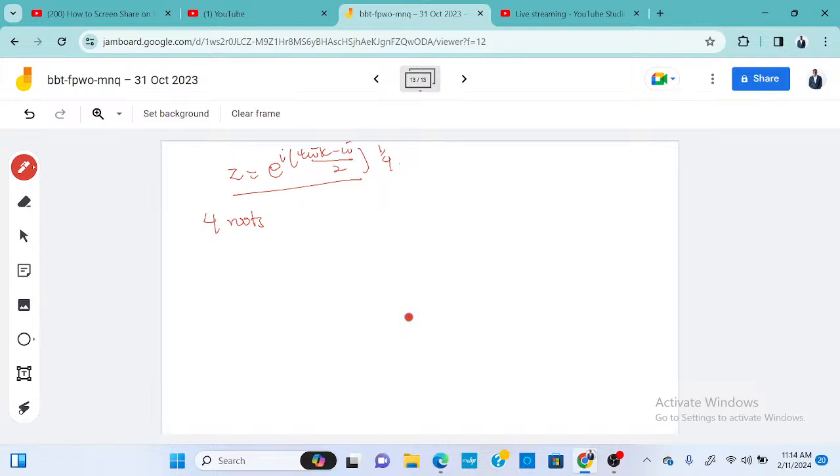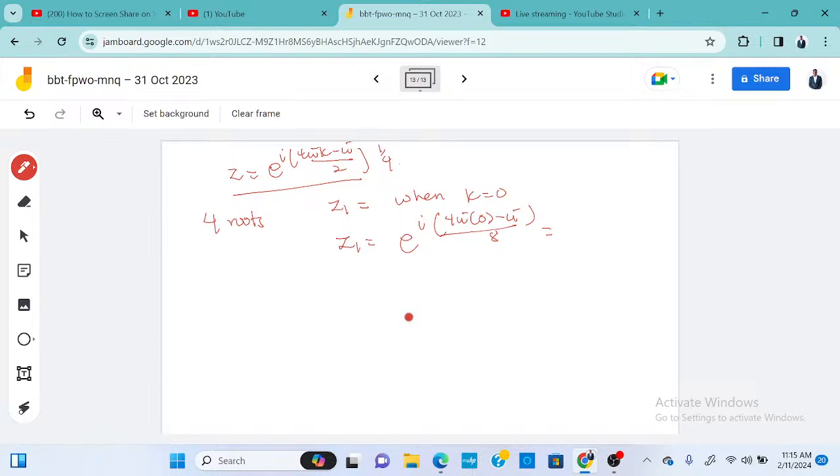So root z1 is simply found by putting k equal to 0. Wherever I see k, we put 0 there. So z1 simply becomes e to the power i, (4 pi multiplying 0 minus pi), then all on 8, because 2 times 4 is 8, right?